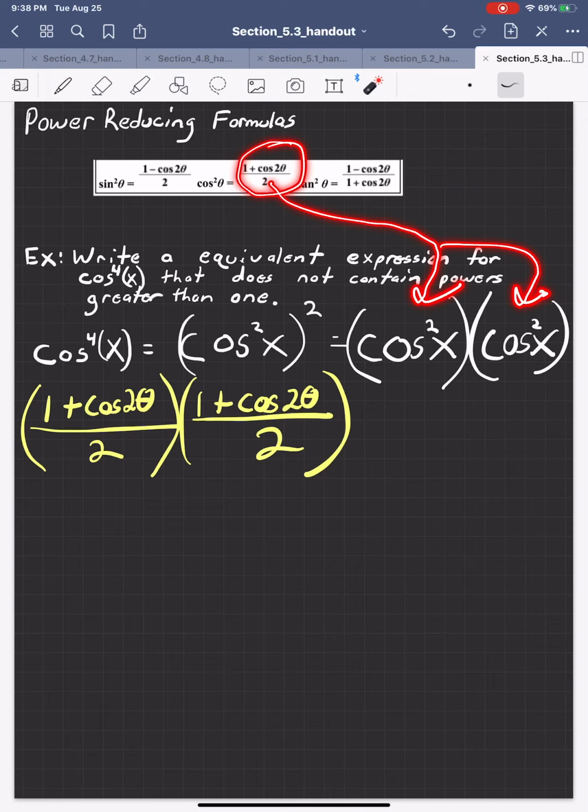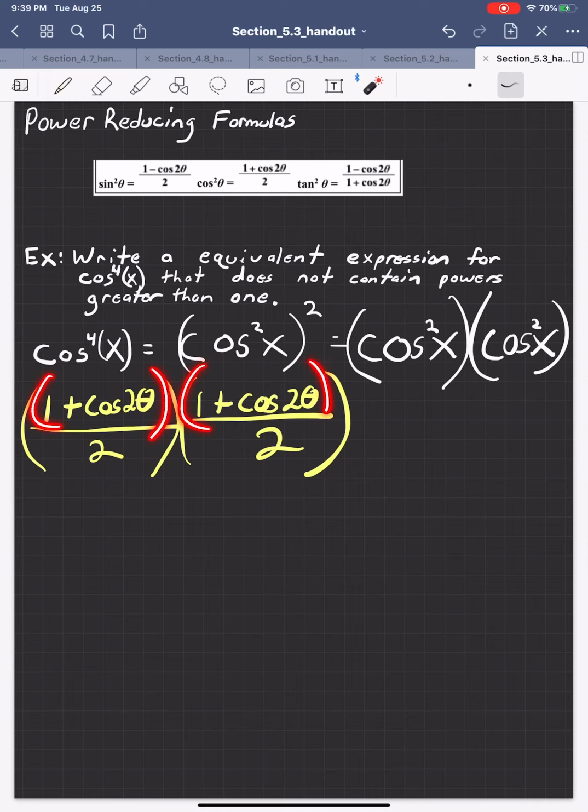So let's go ahead and clean this up. I'm going to run out of space very quickly, so I'll probably go to the next page. What we're going to do is multiply numerator times numerator, denominator times denominator.